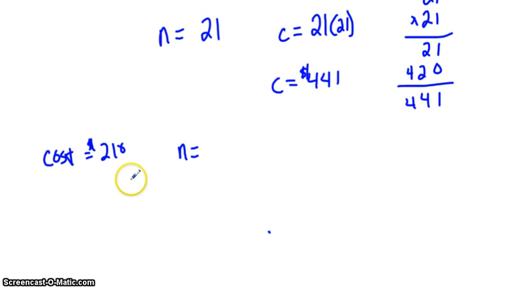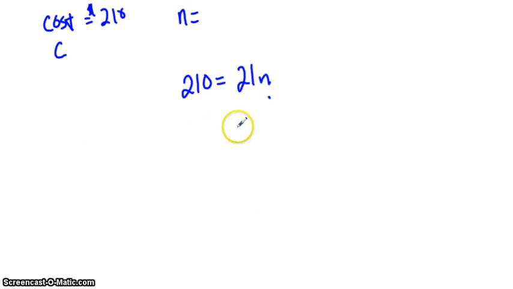So I would substitute, since in this case C equals 210, so we would go 210 equals 21n. Now, since we're multiplying here, how do we clear multiplication? We would want to divide. So we're going to divide this side by 21 and divide this side by 21. Those cancel out, and 210 divided by 21 is 10.